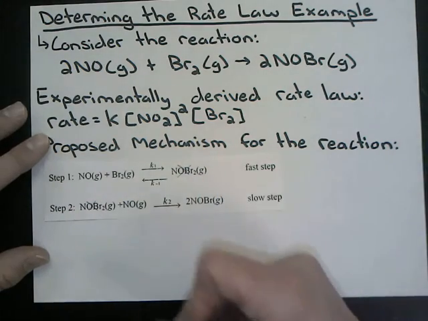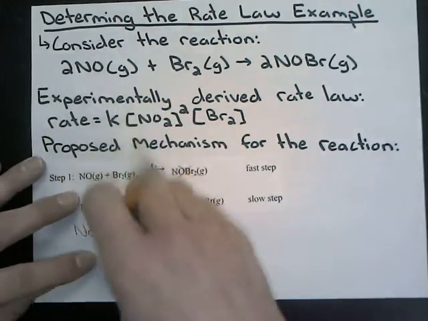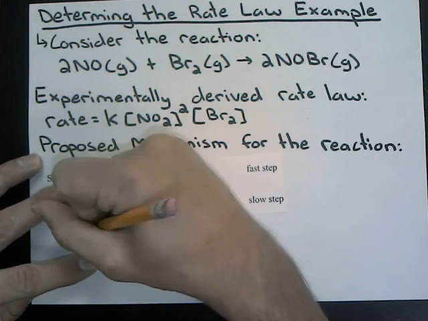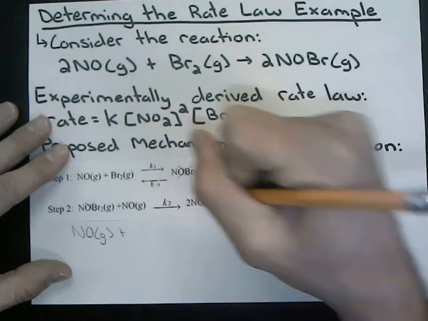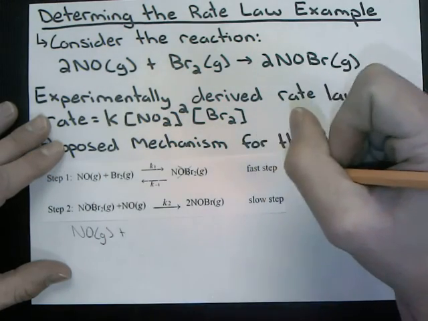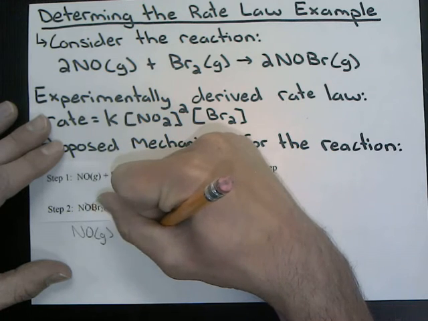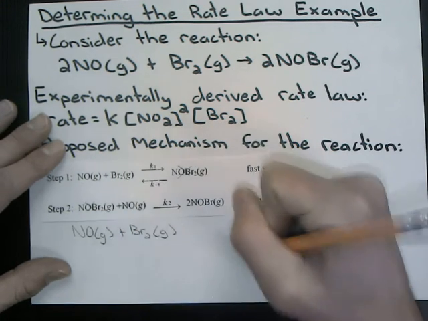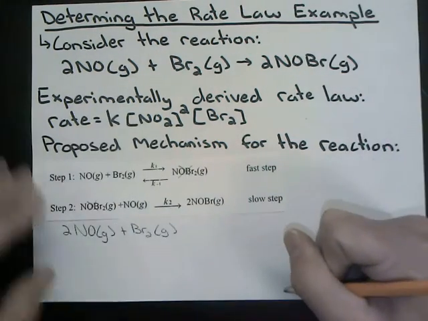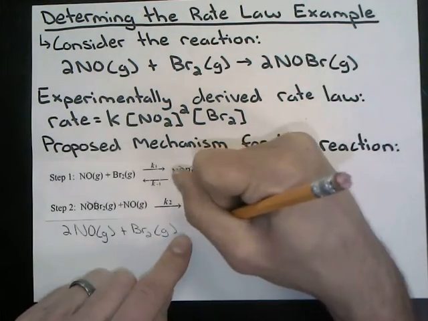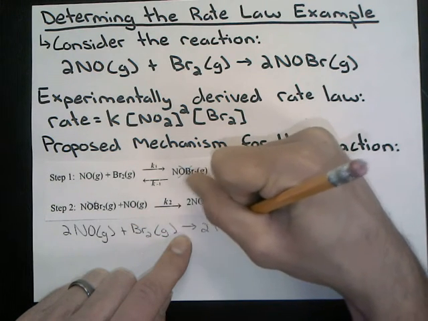So when we add these together, we end up with nitrogen monoxide gas plus Br2 gas. And we had NO and NO, so there's actually two NOs, something to be aware of. On our product side, the only product we have is 2 NOBr.